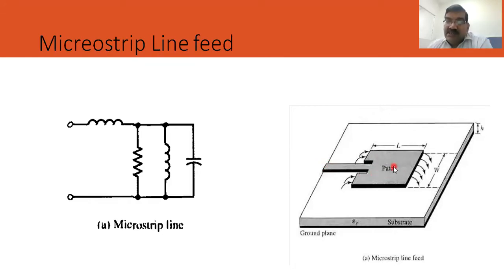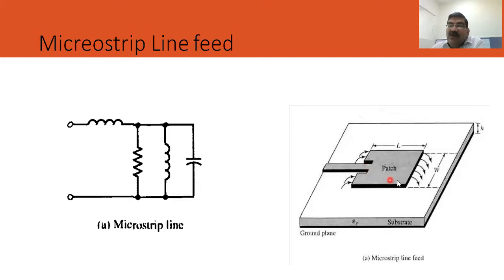Just now we discussed the input impedance, so the matching is required. It has a calculation. By the impedance matching calculations, you can find out what the length, thickness and width should be. So accordingly, this is specifically designed.